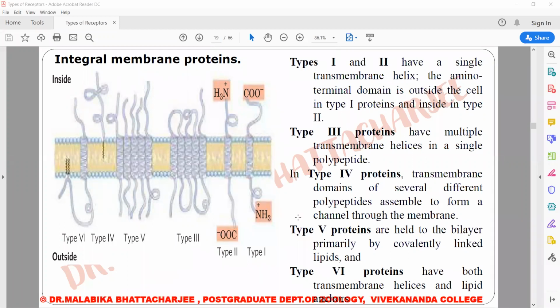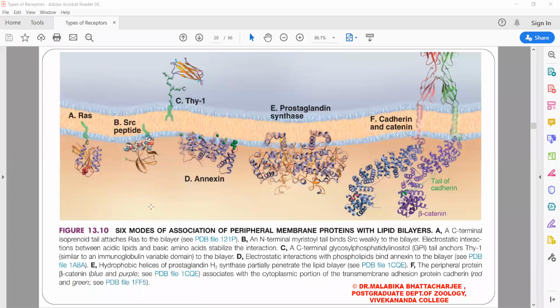This is a picture to show you the different modes of association of some known proteins. As you can see, this is RAS. RAS is an anchored protein. You have studied RAS. You have heard about annexin V, which was associated with apoptosis. You see the difference between RAS and annexin V. RAS is an anchored protein.